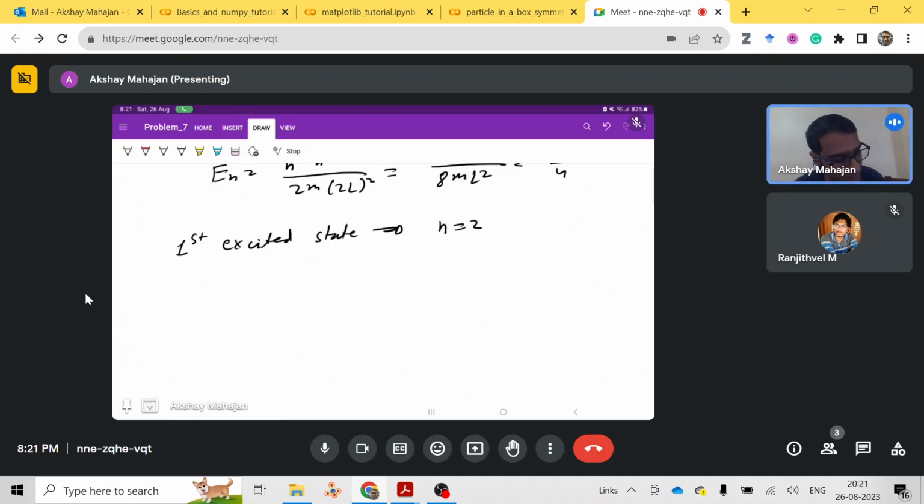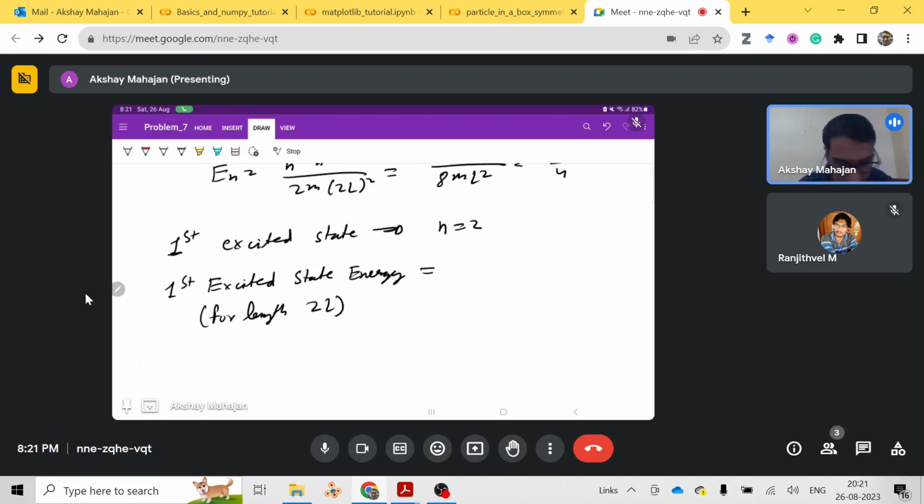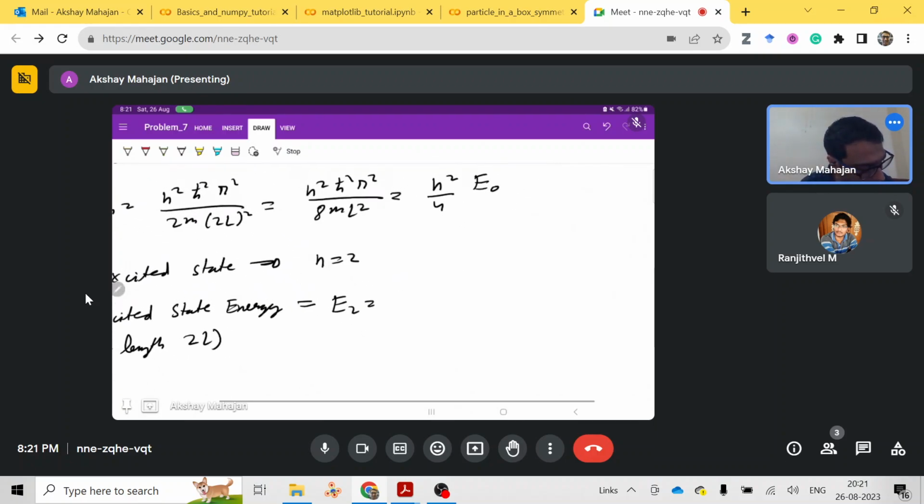So the first excited state energy for length 2L, denoted by E of 2, will be equal to 2 squared divided by 4 times E naught, and that you can see is actually equal to E naught. So what is happening here?